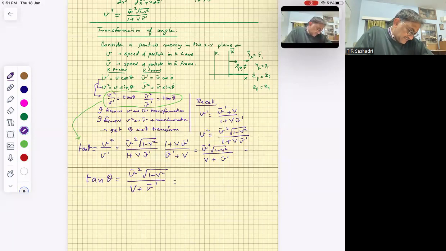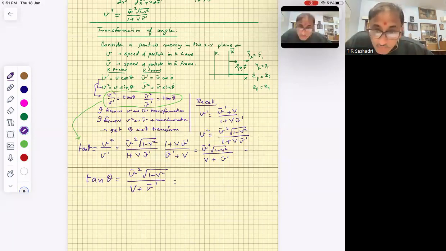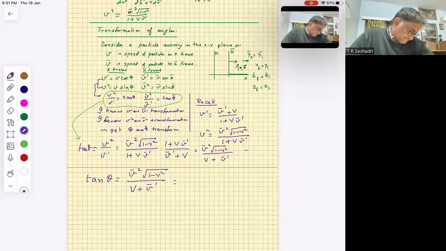So this is equal to, I don't know whether it can be given in a better way. Sin theta, cos theta. Let me see.